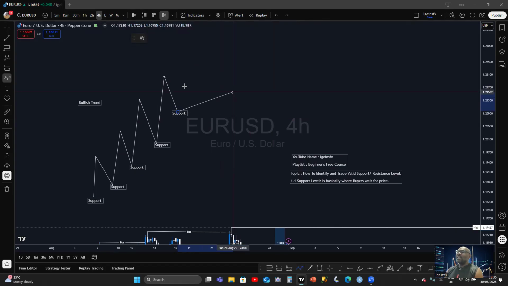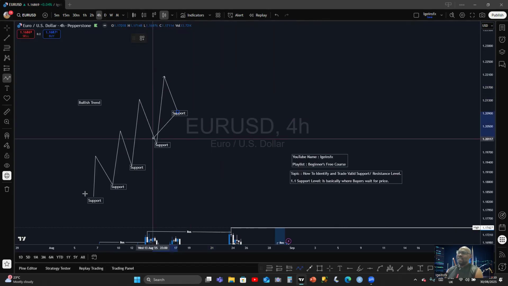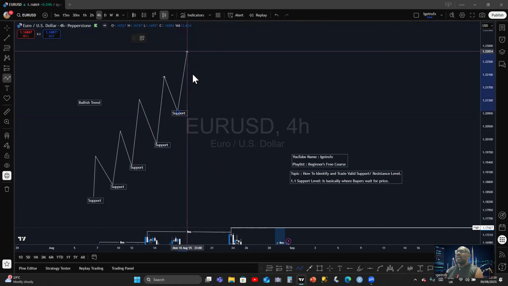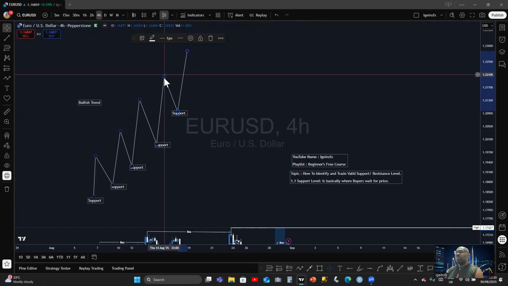But the underlying trend is bullish or bearish. All right. So now buyers will stay here and push the price to the upside because they know this pullback or retracement move is just temporary.